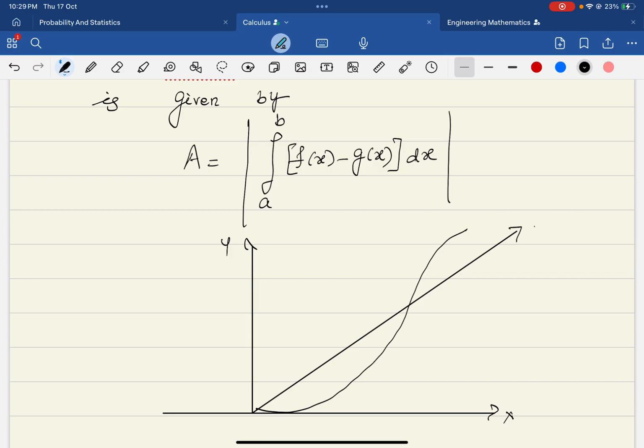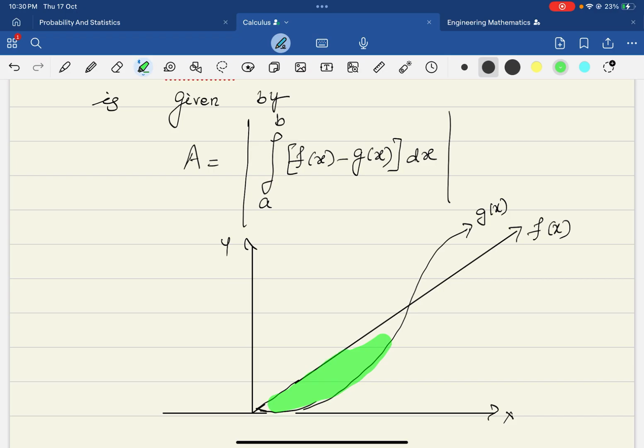Now this is y is equal to f of x and this is y is equal to g of x, let us say. The area between the two curves is given by this one.